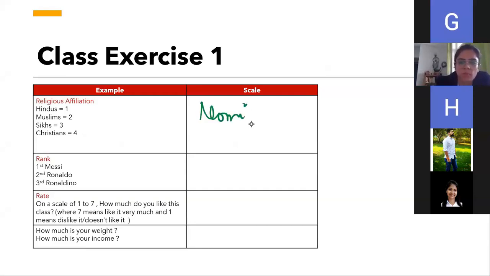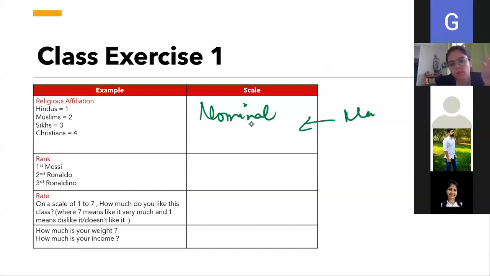And why is it nominal? Ma'am, because the numbers don't indicate difference, they have no real meaning. Yes, ma'am. No meaningful difference, and there's no true 0 point. Okay, so that's the nominal scale.